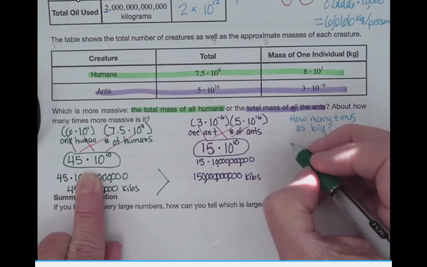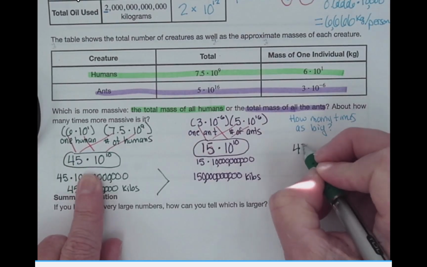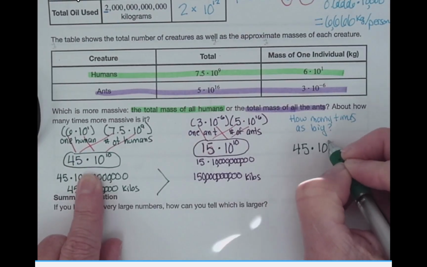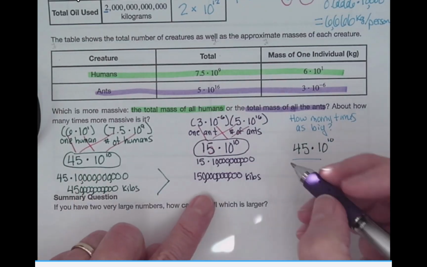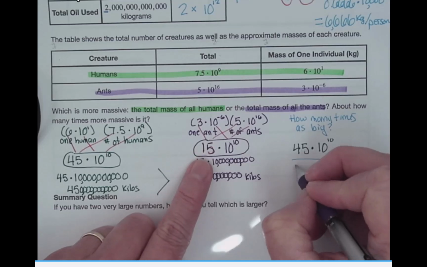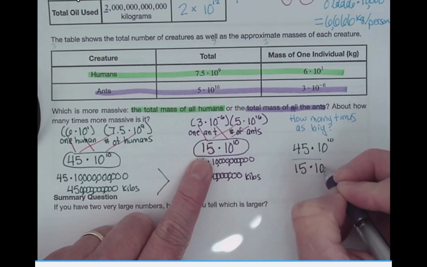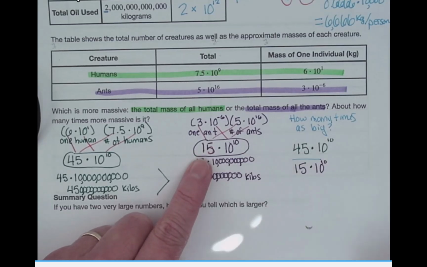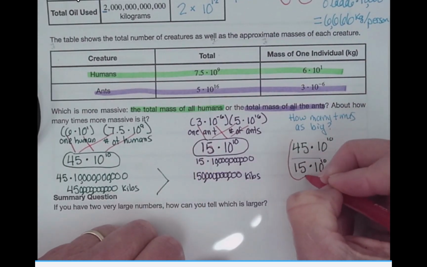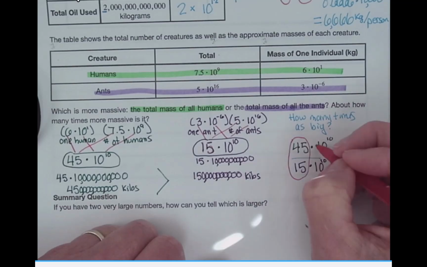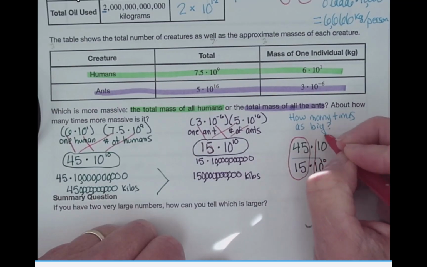Back to my green. That was 45 times 10 to the 10th power. And then my ants, that was 15 times 10 to the 10th power. And just like I did before, I'm going to divide these two numbers, and I'm going to divide these two powers.